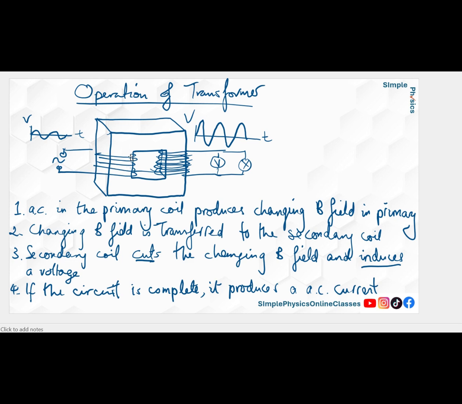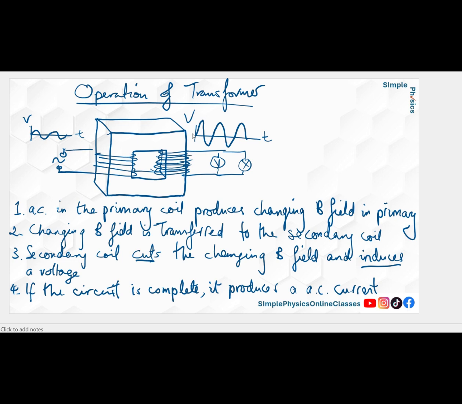That changing magnetic field gets transmitted through the soft iron core, because that's good at magnetizing, demagnetizing, passing the magnetic field along. So the changing magnetic field now comes to the secondary coil, gets cut by the secondary coil, and induces a voltage. If the circuit is complete, that produces a current.